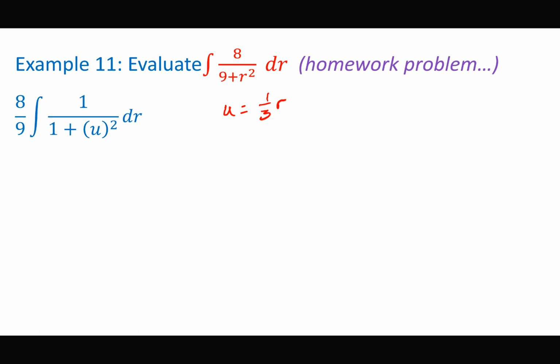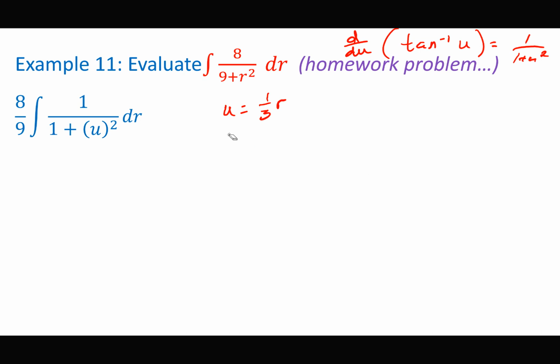This is the form that if I had tan inverse of u and I took the derivative of this with respect to u, I end up with 1 over 1 plus u squared. And vice versa. If I anti-differentiate this 1 over 1 plus u squared, I'm going to end up with tangent inverse of u. So that's why getting it to this form is actually helpful. But again, getting it to this form, making this connection, is not always easy. All right, so we got it to this form. We've identified our u. Now let's keep going.